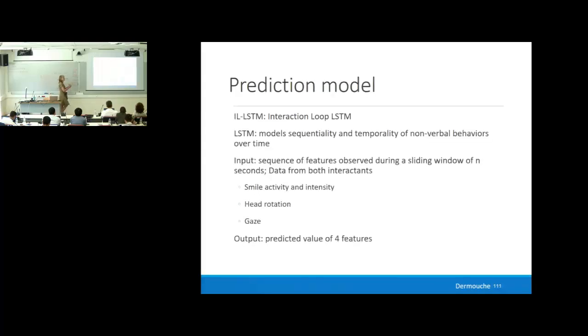To learn the adaptation models, we use an LSTM model, which allows us to model the sequentiality and temporality of the nonverbal behaviors over time. That means how the adaptation is built over time. So the input will be a sequence of features of the users during a sliding window of n seconds, and we get data from both interactions.